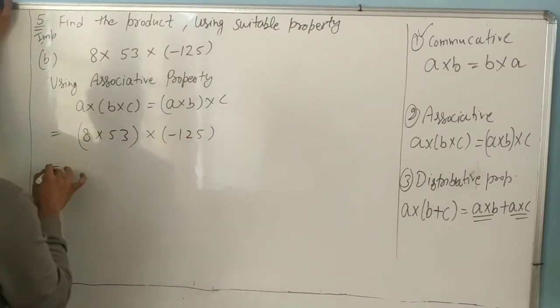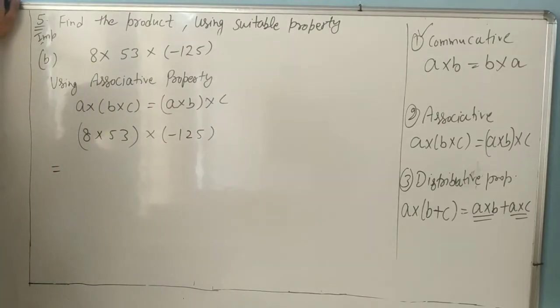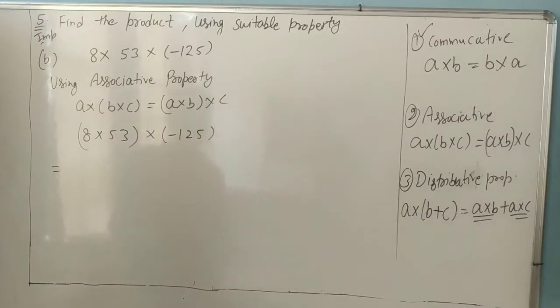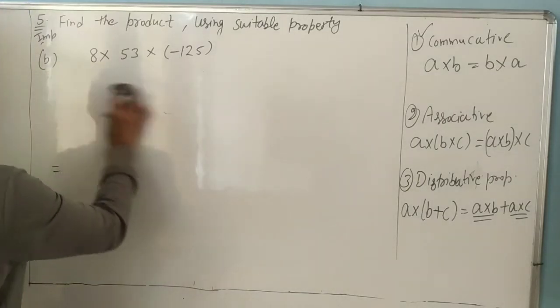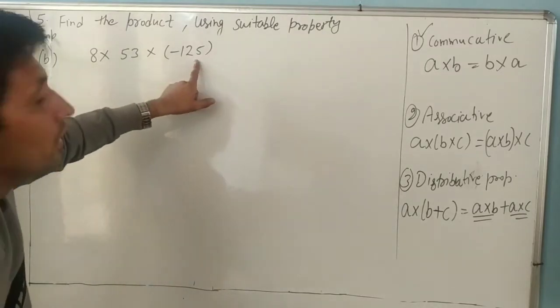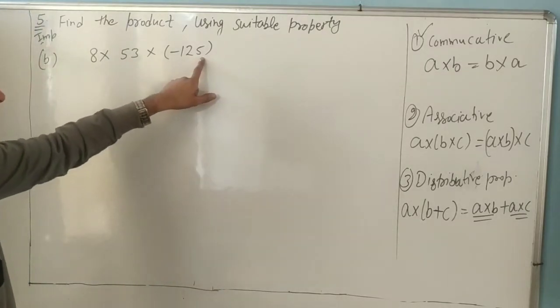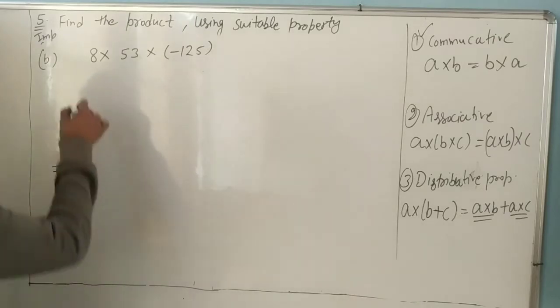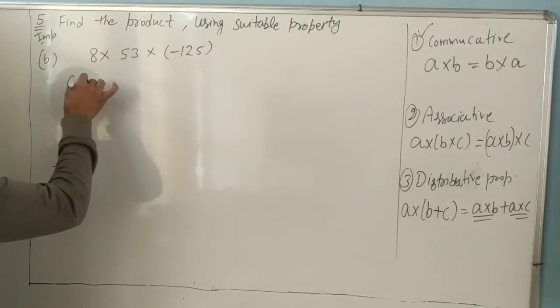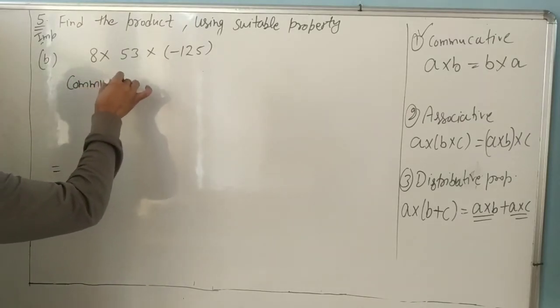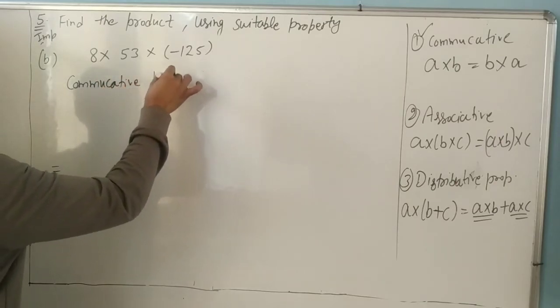Otherwise dear, you can solve easily like this also. First you can use commutative property if you want to use. Yes, because 8 into 5 is 40, here it becomes 0. So you can write commutative property also.